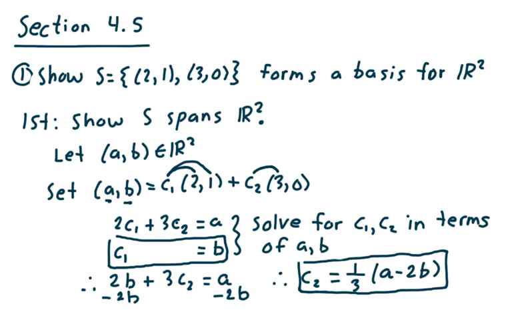Well, we already know c1 equals b, so we're good there. Now, if I substitute back into equation 1, we can see that 2b plus 3c2 equals a. Subtract 2b from both sides and divide by 3. And when we do that, we can see that c2 equals 1/3 times (a minus 2b).